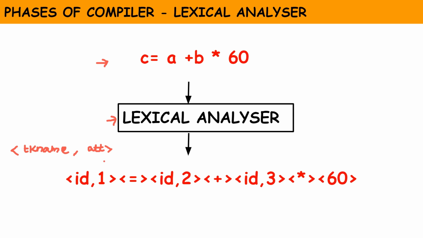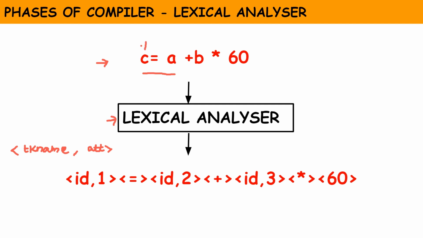Say for example, the statement C = A + B * 60 is a source program. When given to the lexical analyzer, it reads this stream of characters and considers each lexeme.